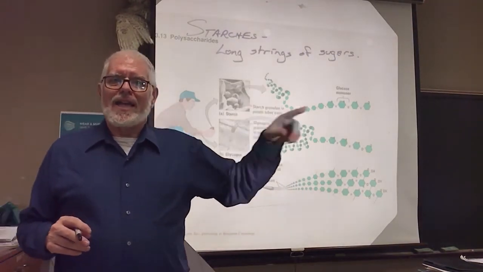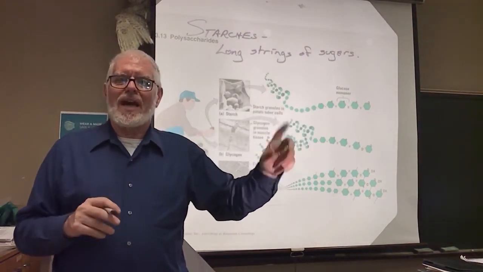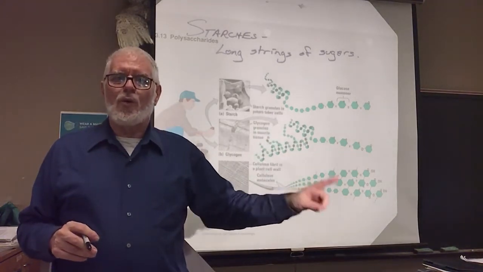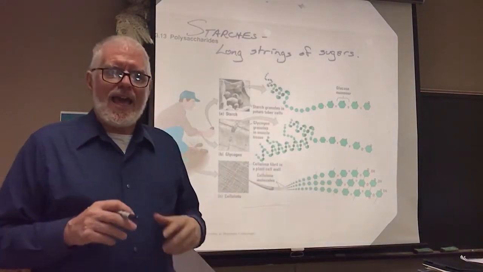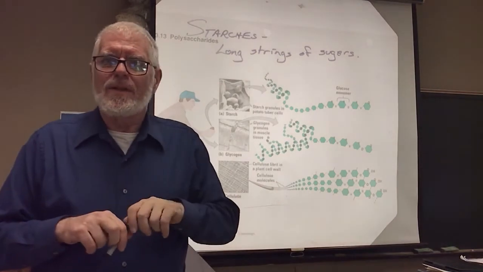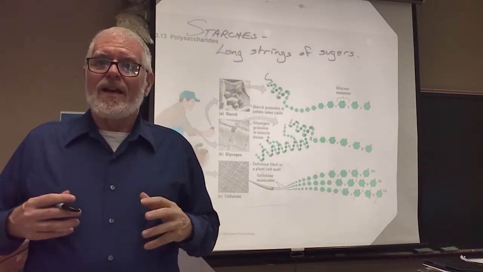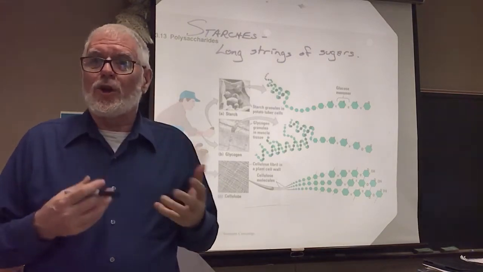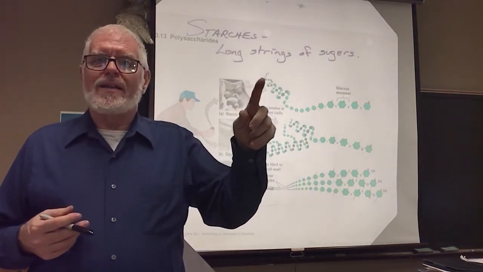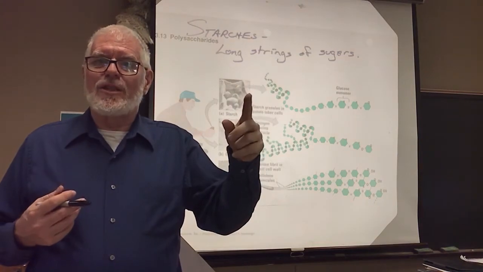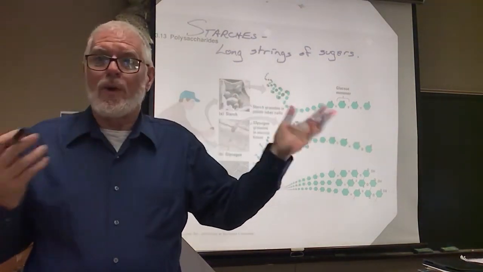They can be simple strings, they can be branched strings, they can be cross-bonded strings, and that makes them different in terms of access. Remember, the sugar is the fuel, and how do you access the sugar if it's all bound together? You've got to break it apart.